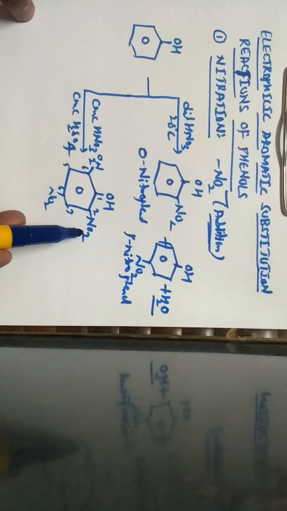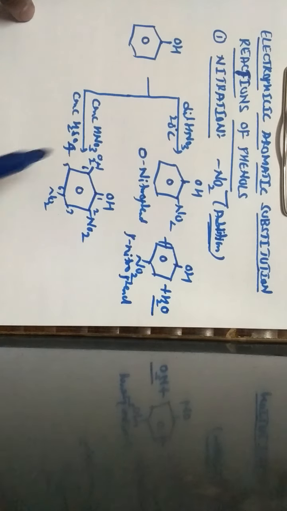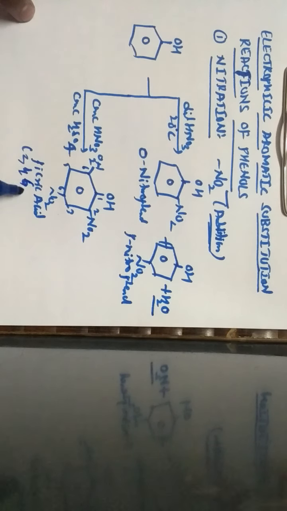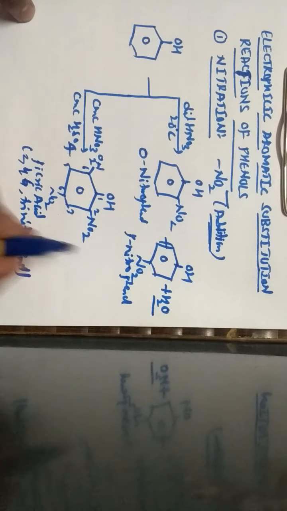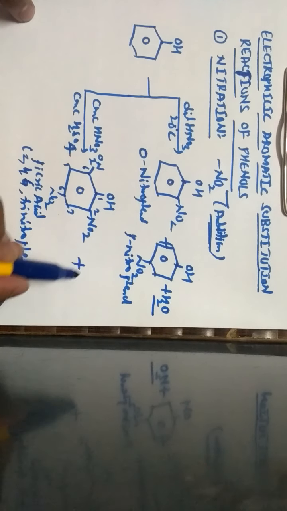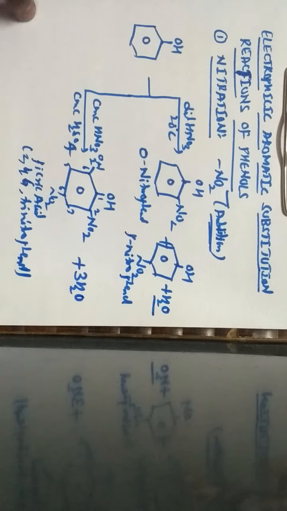All three positions, that is the 2nd, 4th as well as 6th position, will be substituted by a nitro group, and this compound is called picric acid, or it can also be called 2, 4, 6 trinitrophenol. Along with this, the byproduct will be a water molecule.